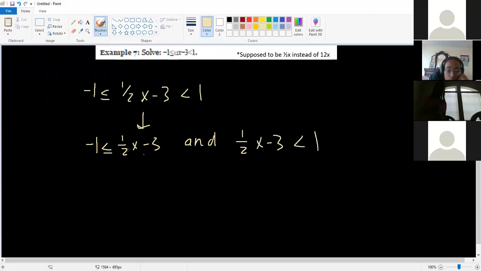Okay, do you want to do this one first or this one first? Doesn't matter. Okay, so the left one, what did you do? First, I multiplied everything by 2 to get rid of the fraction.